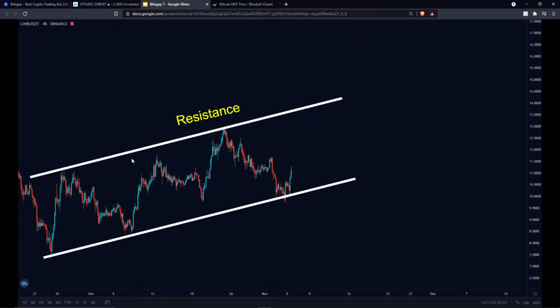So sellers cannot withstand the buying pressure, and that's why you see new peaks here higher. And also buyers are so strong that they don't let the sellers push the price below these lower highs. So you see it's rising by the support and by the resistance.